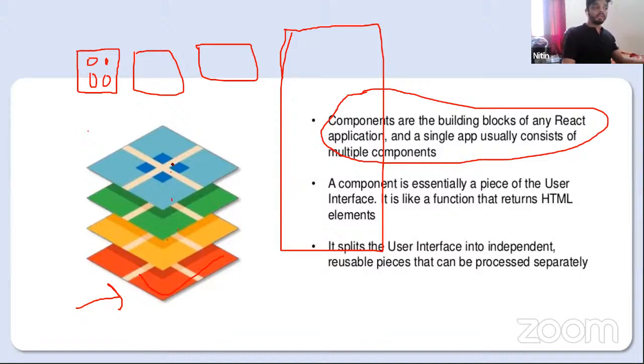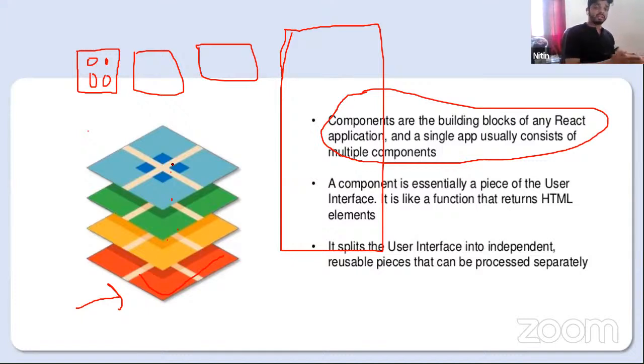So it's very beneficial that the user will only see a page refresh for a very small portion of your web page. Not the whole web page will refresh, only the small portion of the web page refreshes. And you will understand why it is very necessary when you build a very complex web page, because at that time, when one thing changes, you don't want other things to change.